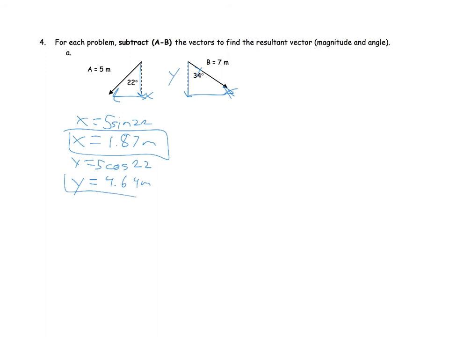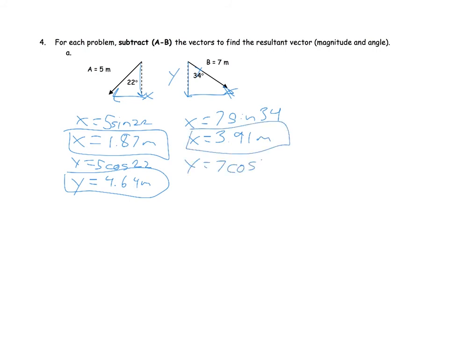So that y component is going to be 4.64 meters. Moving on over to vector B, the x side is going to be 7 sine of 34, once again, because it's the opposite side. So we get that that x component is 3.91 meters. And the y is going to be 7 cosine 34. So we get that that component is going to be 5.80 meters.